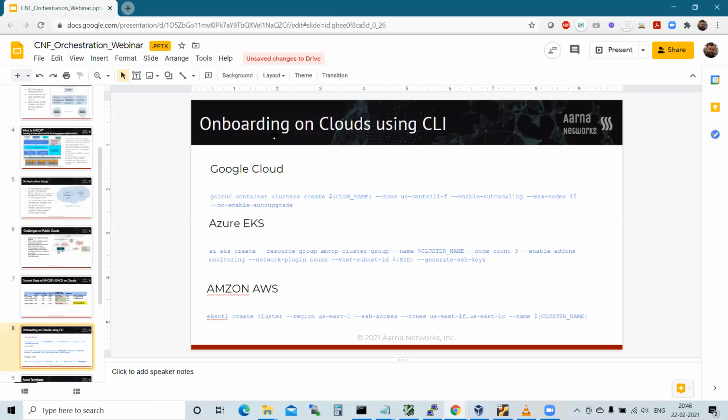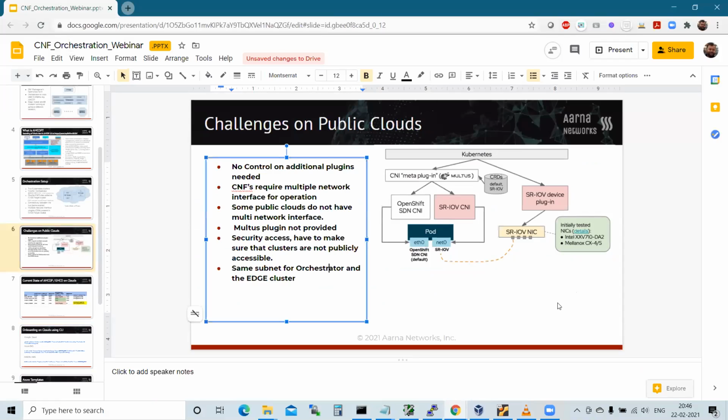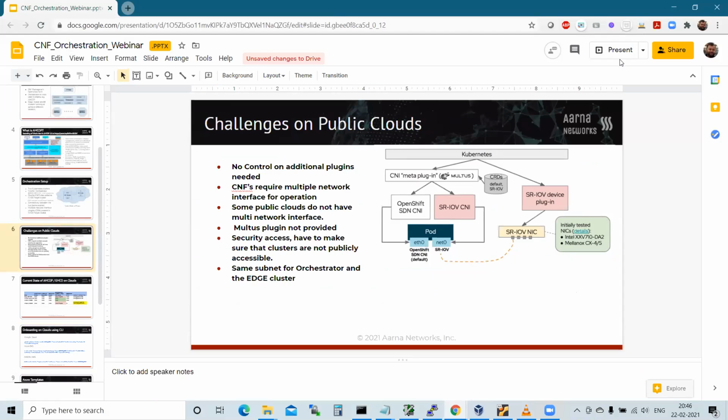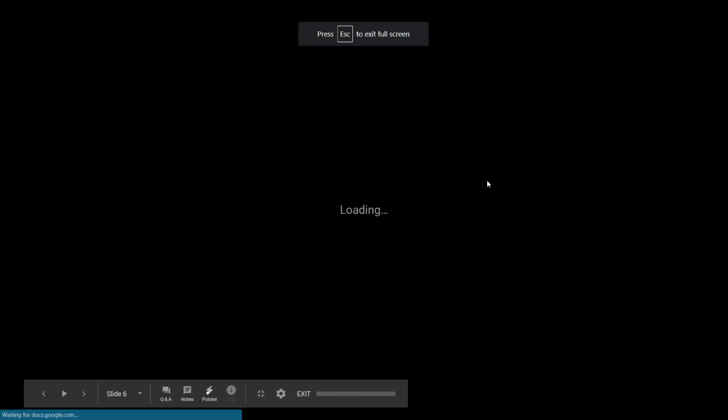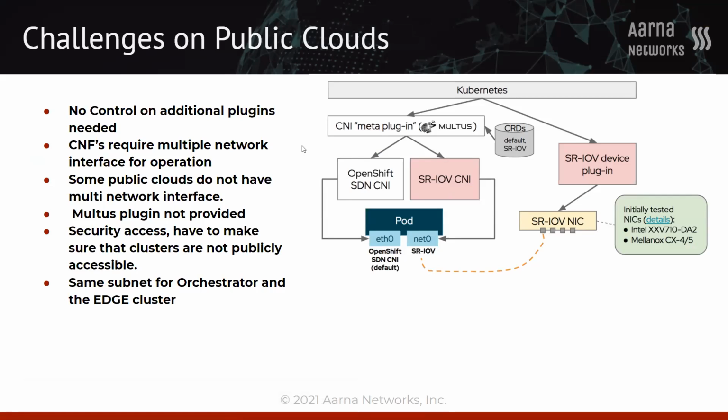So this meta plugin, we need to deploy it. And if the public cloud doesn't allow us to deploy any plugin, then it becomes difficult to deploy some of the CNFs.